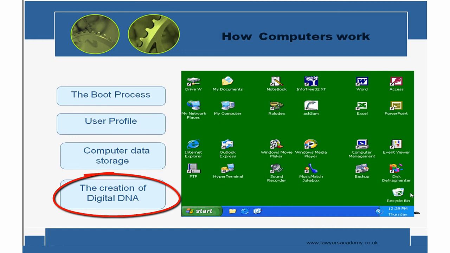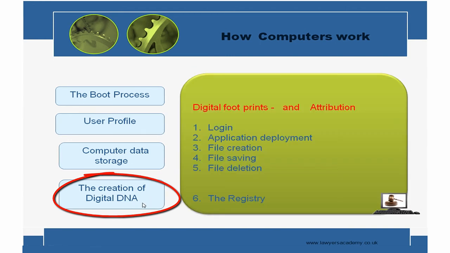Or the user deletes a file, which comes into the recycle bin, for example. The creation of digital DNA will occur from the moment the computer user successfully logs onto a computer. The user unknowingly starts creating a digital footprint or DNA that can be traced. The computer keeps logs of practically every activity that goes on within it.